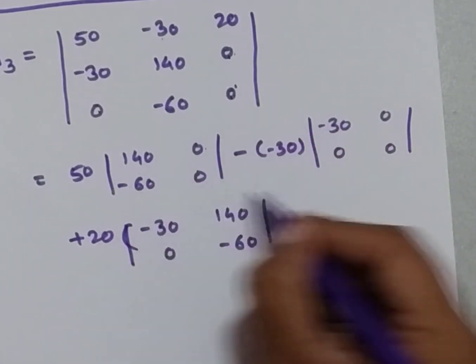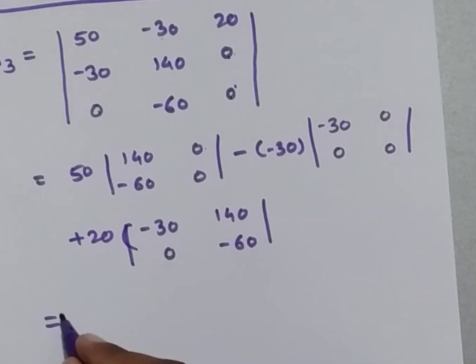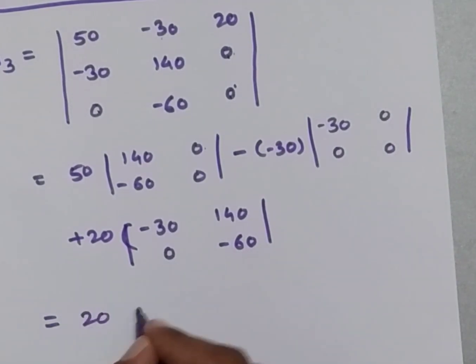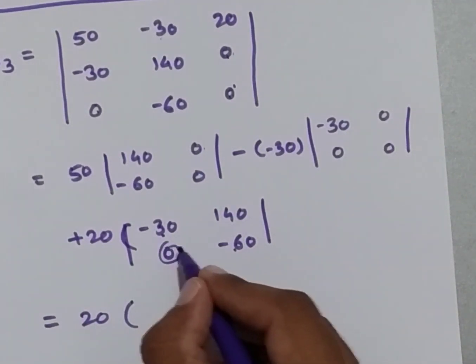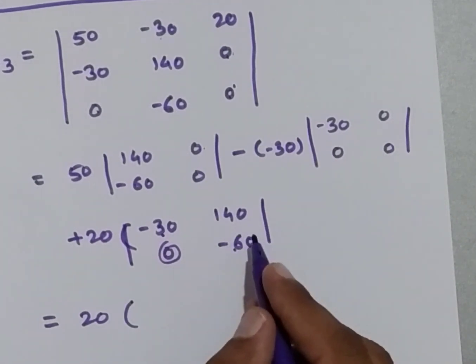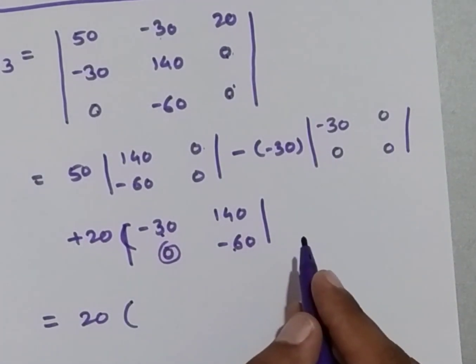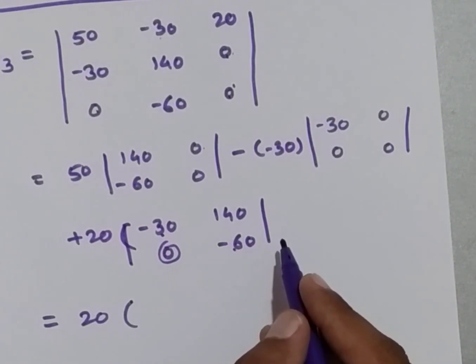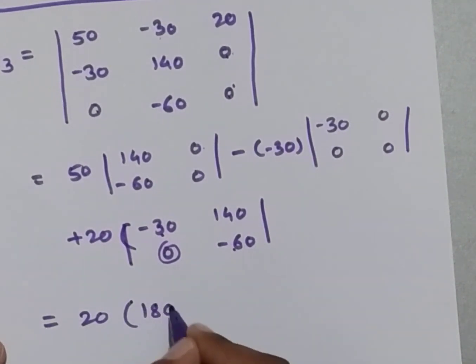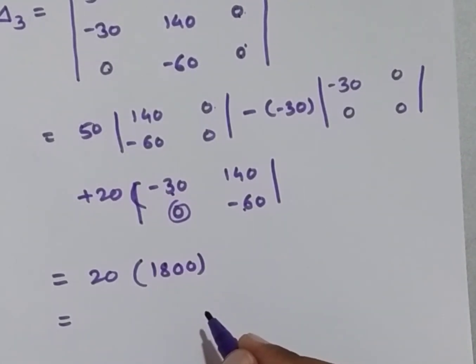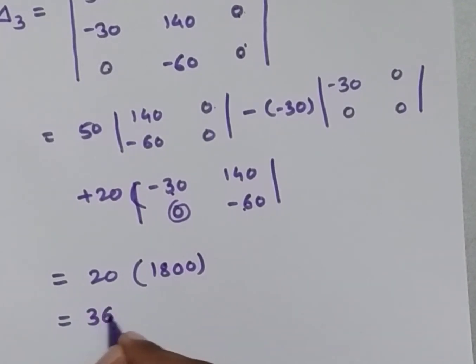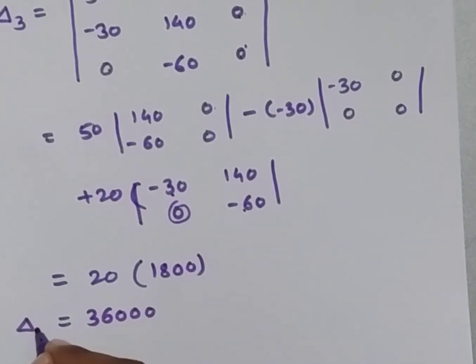As these are going to become 0, we are not going to calculate this. So 20 into bracket, this multiplied by this is again 0, so it is going to become 0. So 60 into 30, minus minus is going to become plus, so 1800. After multiplying by 20, it is going to come as 36000. So 36000 is the value of delta 3.